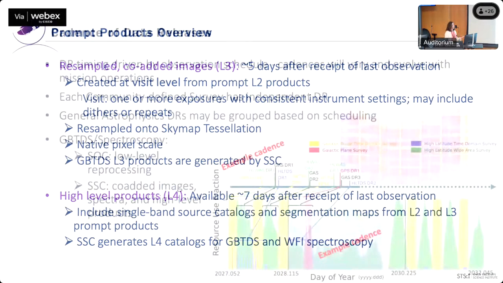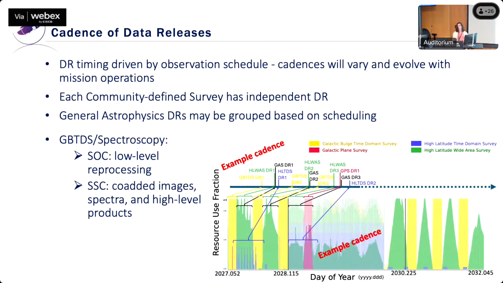But then what we're going to do is reprocess units that make sense in a consistent and uniform way. So for the data releases, the timing will be driven by the observation schedule. So the cadence will vary and evolve with the mission operations. Our current thinking is that each community-defined survey will have an independent data release.